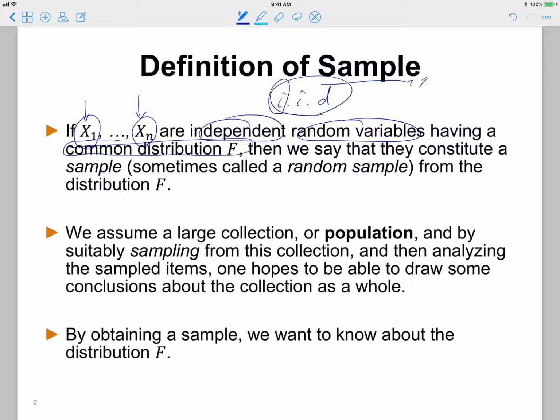Yes, it is independent and identically distributed. Independent corresponds to this part, and identically distributed means they came from the same distribution. In that case, this set of observations is called a sample.